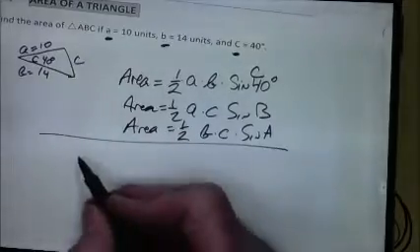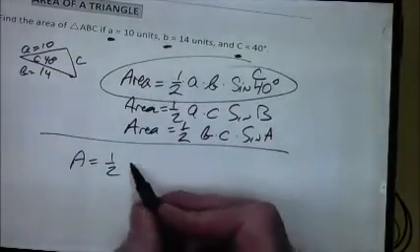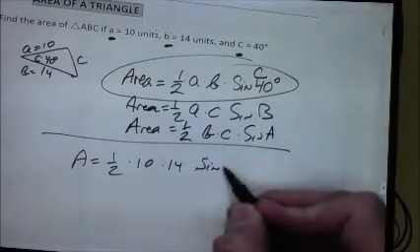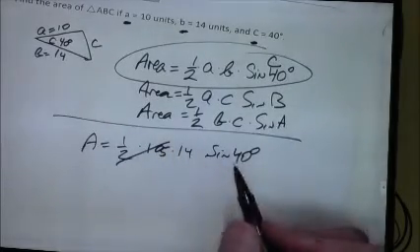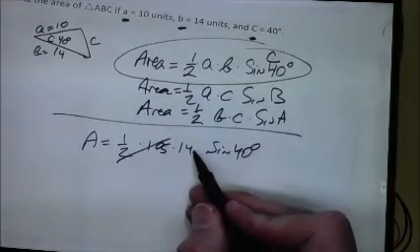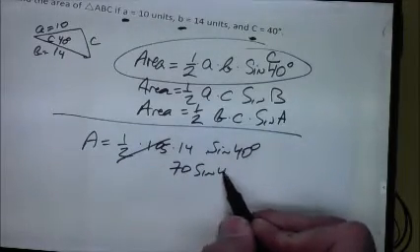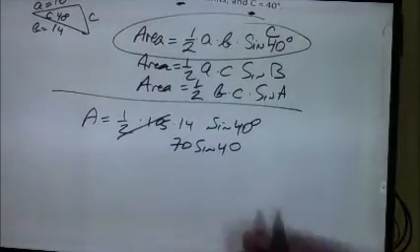Now let's actually do it. The area is 1/2, and we're using this one, times 10 times 14 times the sine of 40 degrees. 1/2 of 10 is 5, so we have 50, 60, 70. 70 times the sine of 40. Is my number right there? Yep, I think so. Okay. 70 sine of 40.